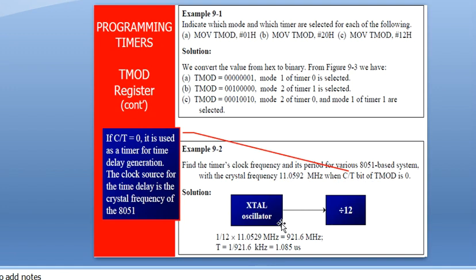So here we need to divide it by 12, because we know the basic concept where the total pulses are divided into 6 phases, in the sense a total of 12. That's why we need to divide the clock frequency by 12, right? If we divide it, it gives a time period of 1.085 microseconds. There are further things we are going to discuss in the next video.